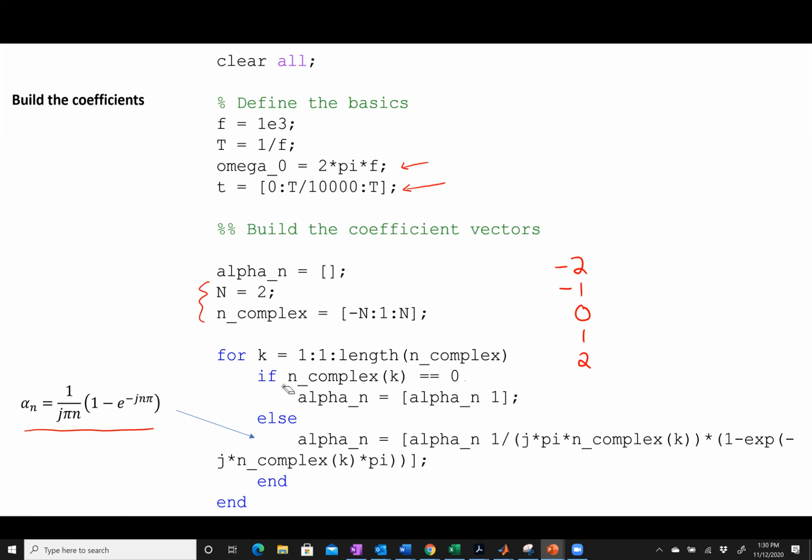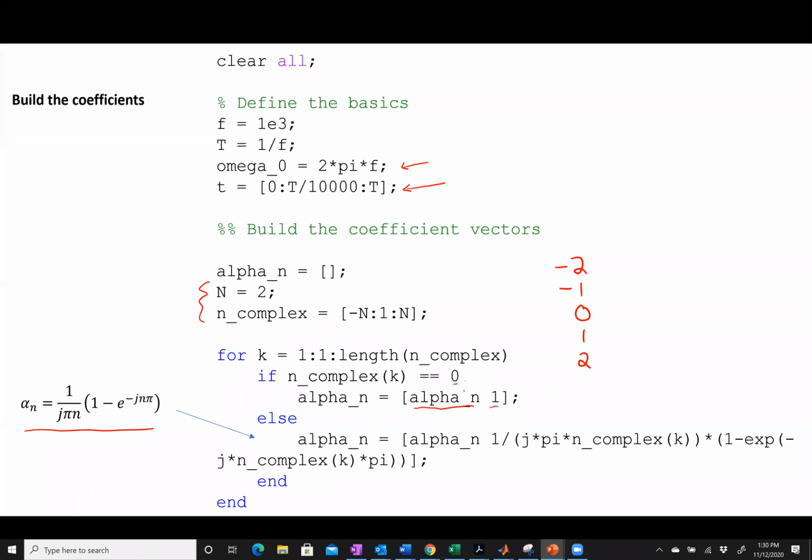N complex is what I'm calling the n value in this case. If my n value is equal to 0, what frequency am I at? DC.